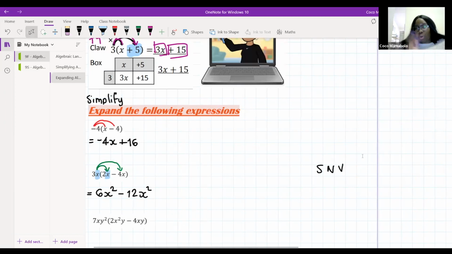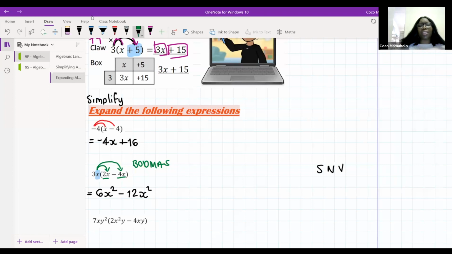But you guys will also notice at this moment, because we're just reviewing, right? We could easily just go 3x multiplied by 2x and 3x multiplied by -4x. But you also have the option of doing BODMAS. Because if I look at what's inside my brackets, 2x and -4x, what are they called?